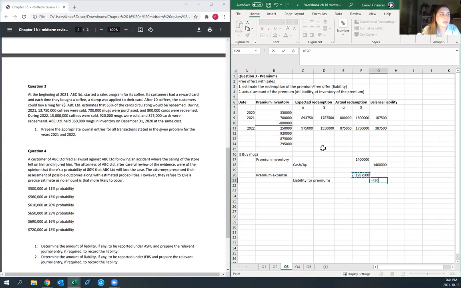So you increase your liability by your estimate. And then when there's the actual redemption, you're going to have your liability for premium and your premium inventory. And it's going to be your 1.6 million here.